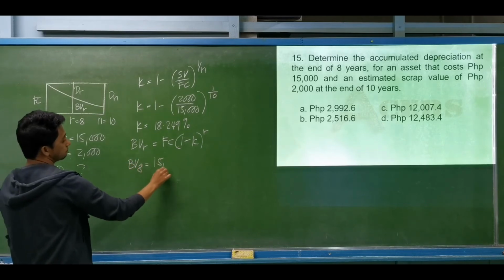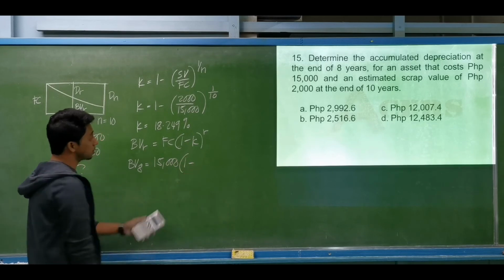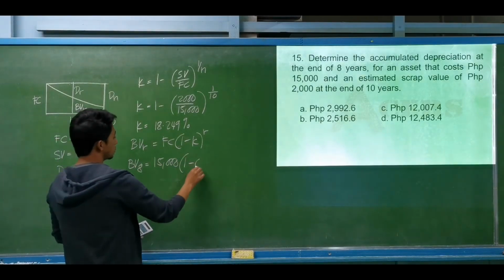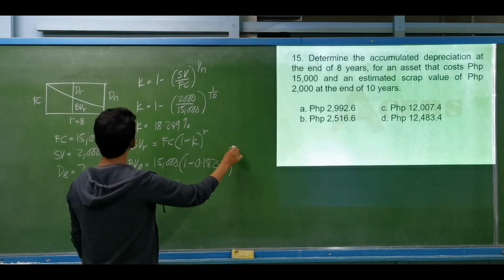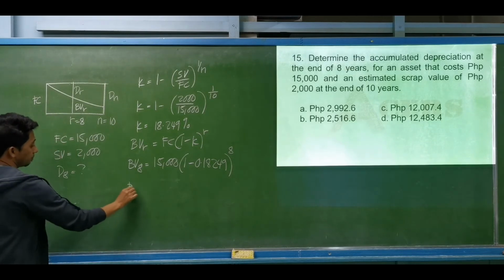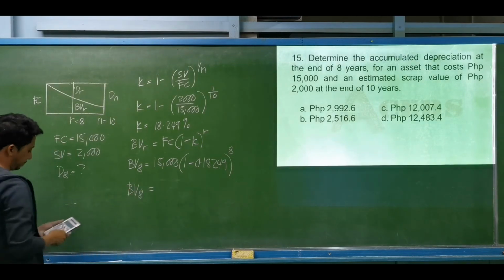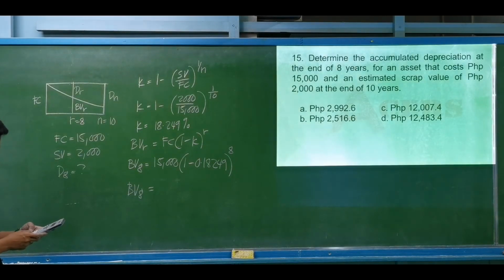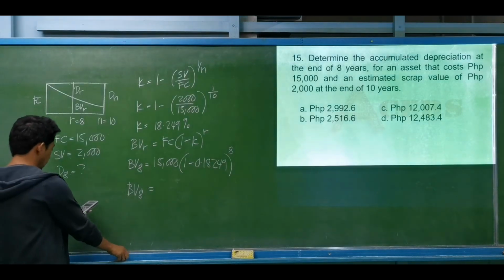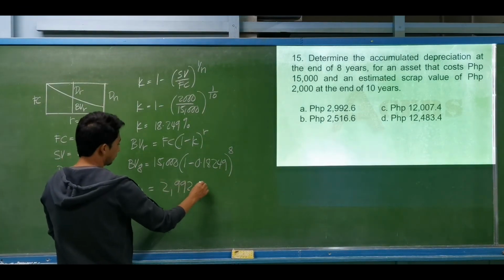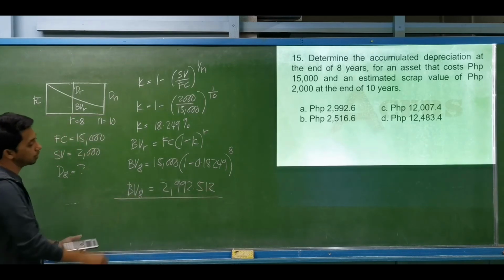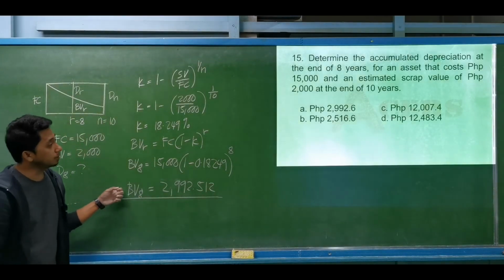Our first cost is 15,000 multiplied by 1 minus the computed rate of depreciation, 0.18249, raised to 8. So we'll have the book value after 8 years, which is equal to 2,992.512. That's our book value.